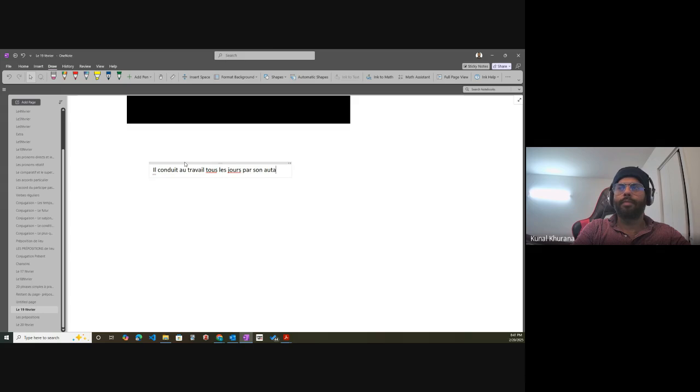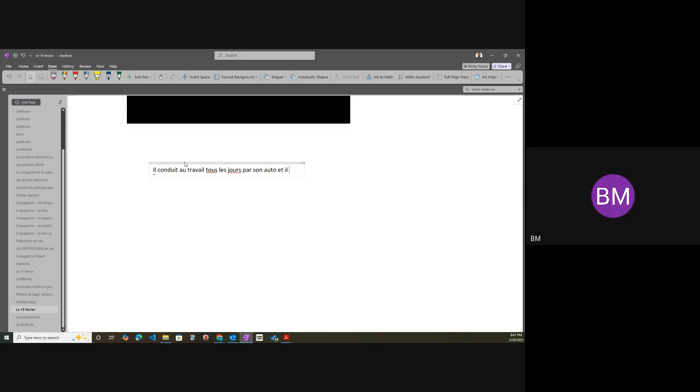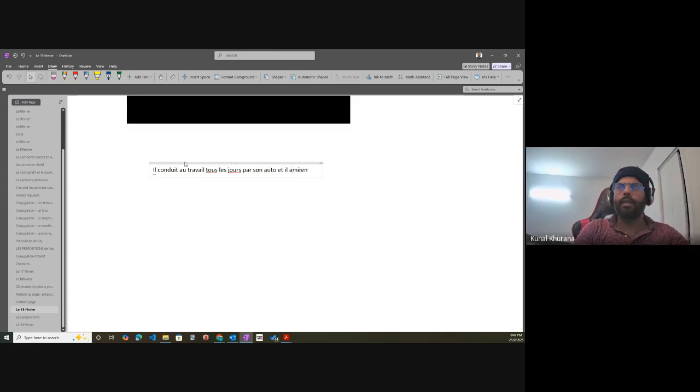Il amène de la confiture et du pain. J'ai de la confiture, du pain, des tomates et du sucre.